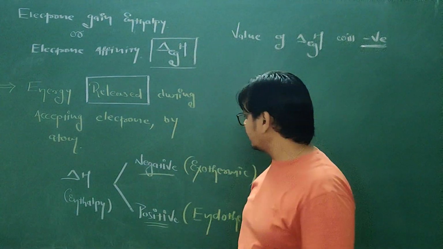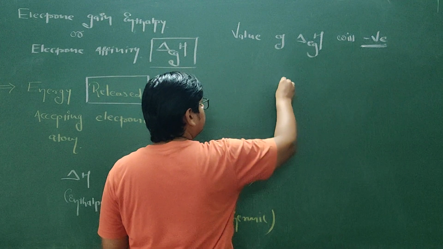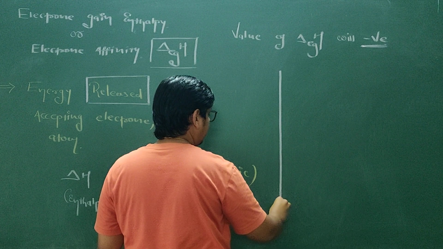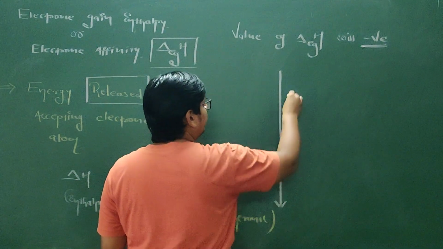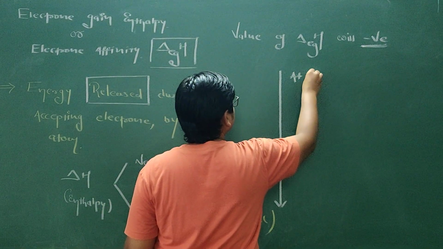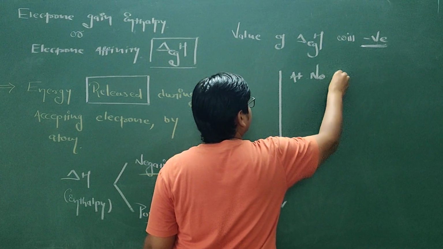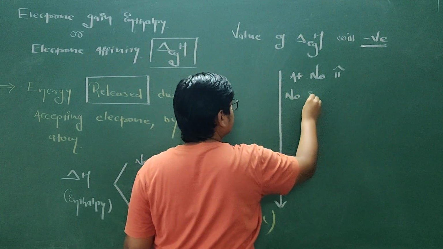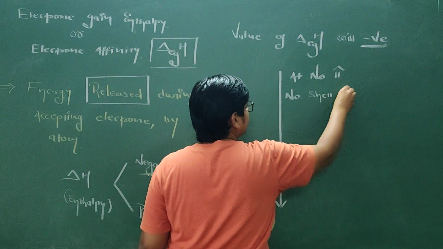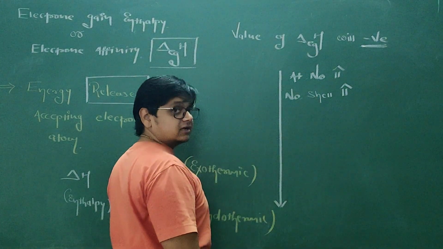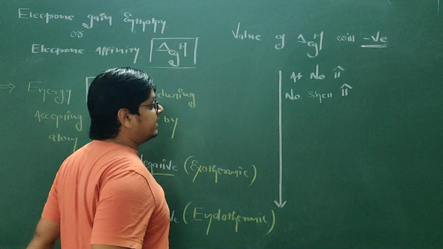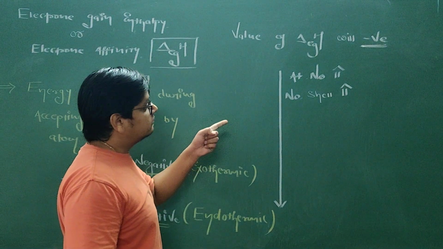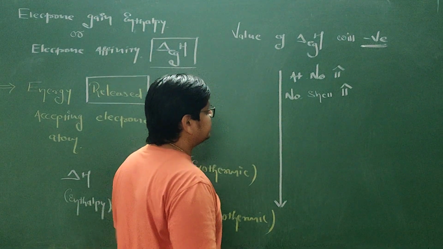Let us discuss. By moving down the group, atomic number increases. It means the number of shells also increases. Watch it carefully and understand this. So atomic number increases, number of shells increases.